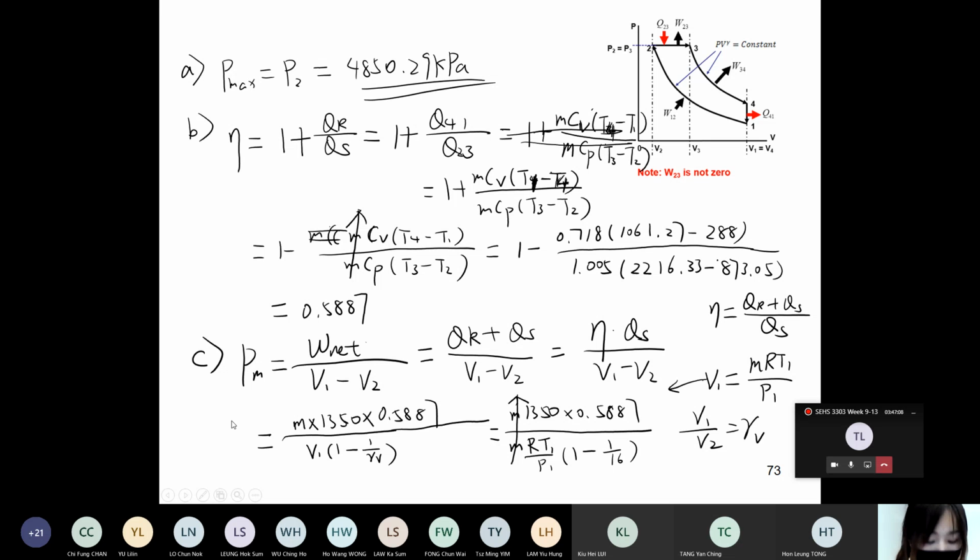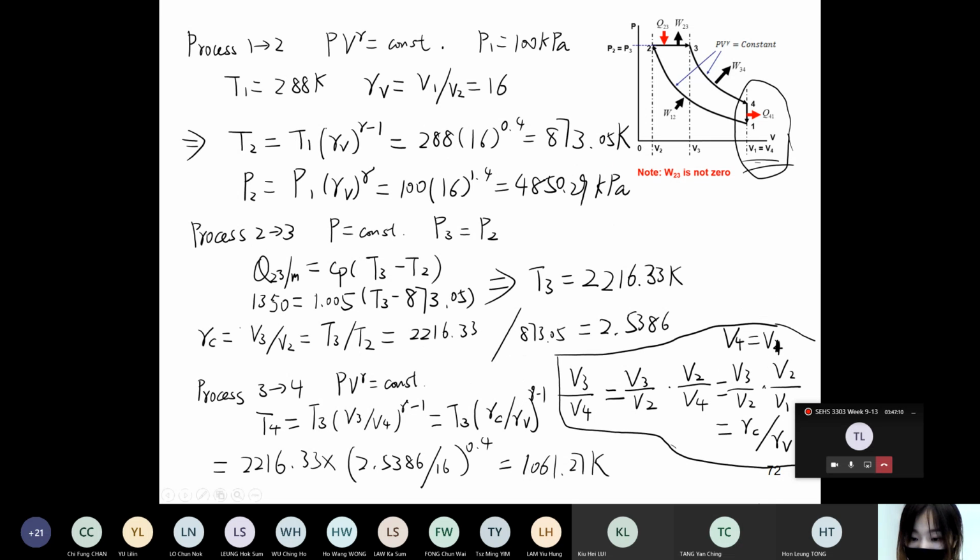And here, you should pay attention. We use RC over RV to replace the volume ratio of V3 with V4, because we can rewrite it in this equation, and we have V4 equals V1 because of constant volume.